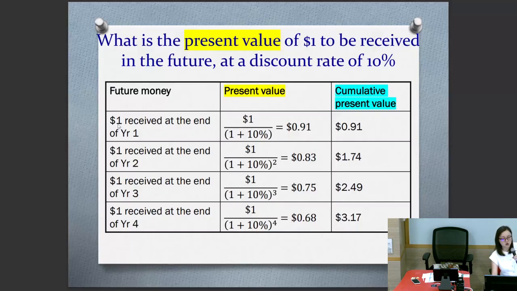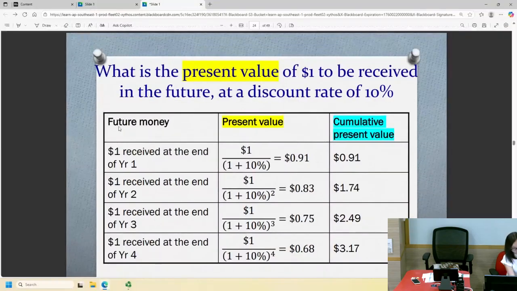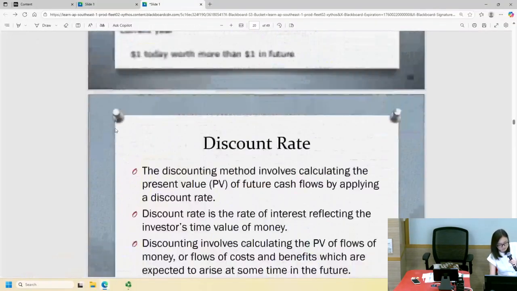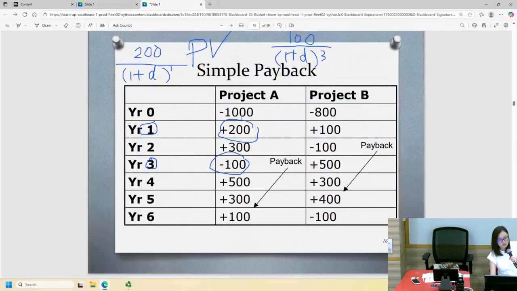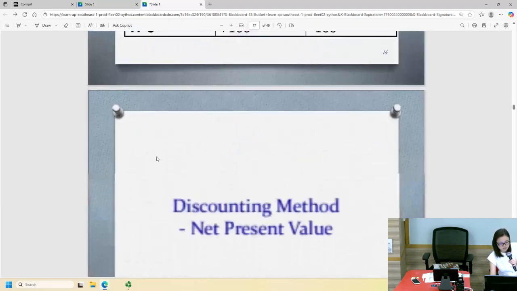And you want to convert the $1 that you receive 1 year later into the present value, just like earlier in the table, where you get $200 1 year later, or you need to pay $100 3 years later. So what would be the present value? We want to convert them into the present value.